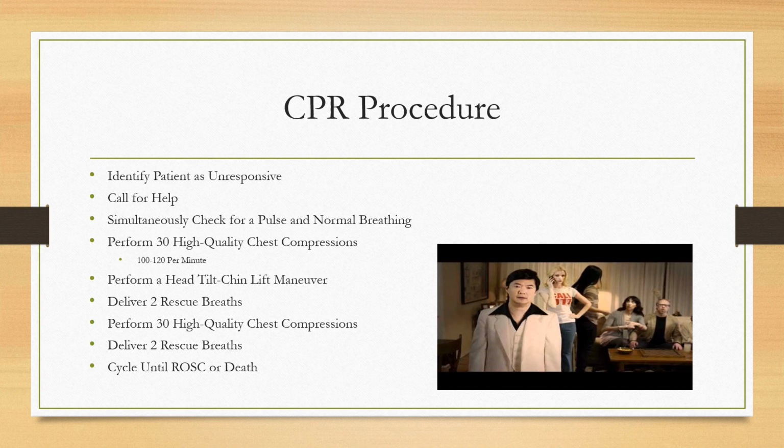Check for a carotid pulse. Check for any breathing. And if there are 2 people, it's 30 chest compressions for 2 rescue breaths. If you're by yourself, it's just chest compressions at 100 to 120 per minute. That's 2 compressions per second. Super fast.